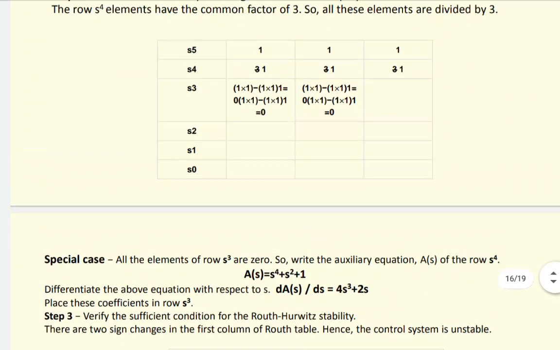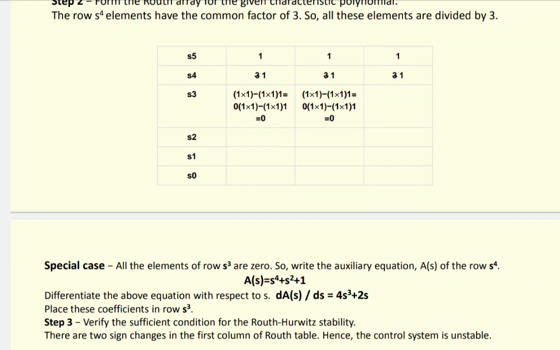The auxiliary equation uses alternate coefficients: A(s) = 1·s^4 + s^2 + 1, where the coefficient of s^2 is 1 and the coefficient of s^0 is also 1.